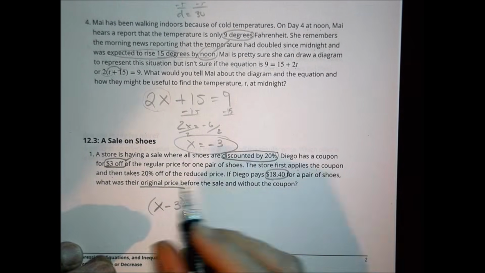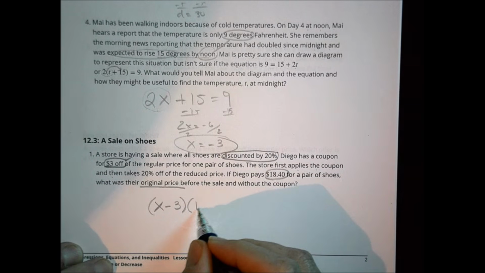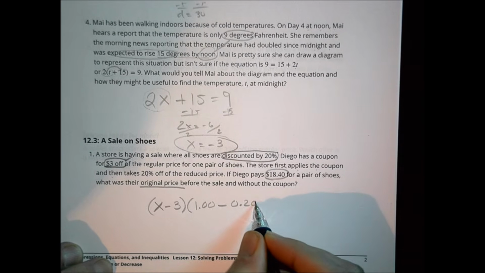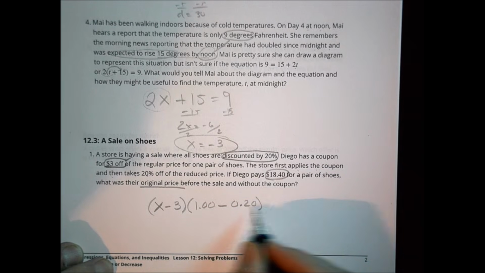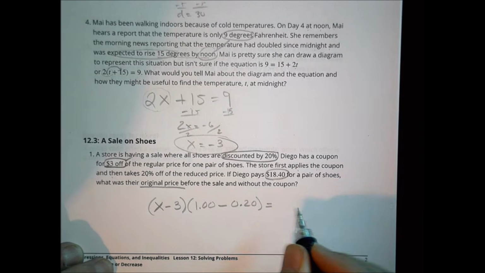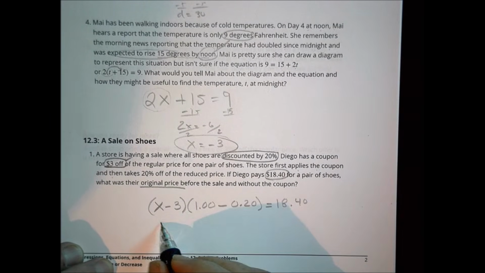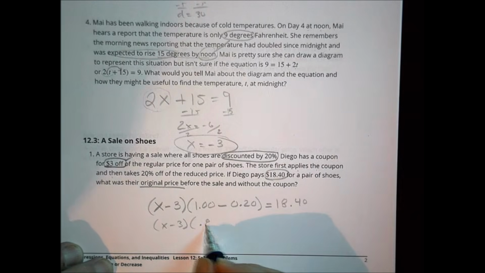I can write this as 1.00 minus 20%. That's my discount: 100%, taking 20% off. And when that's all done, he's going to pay $18.40.